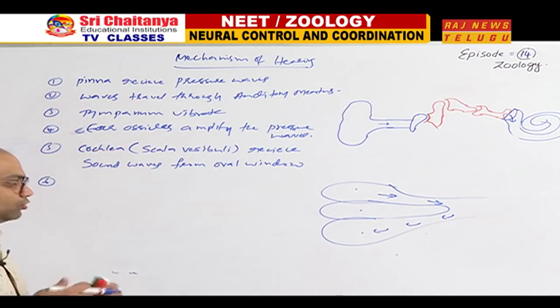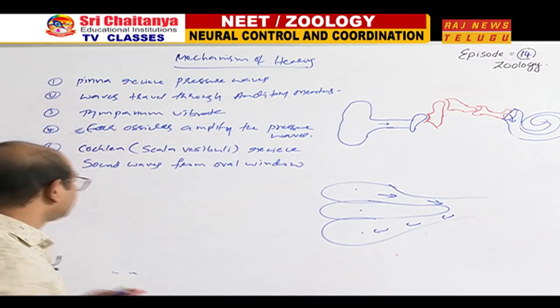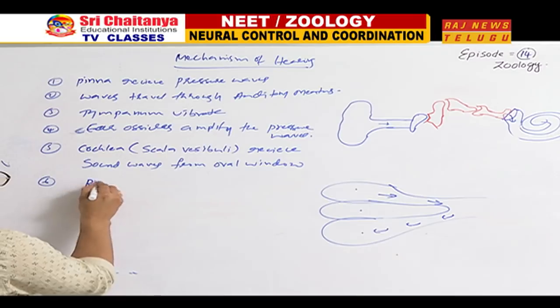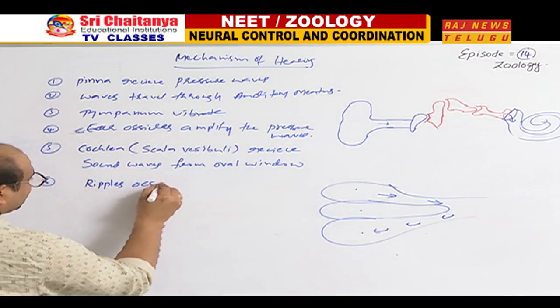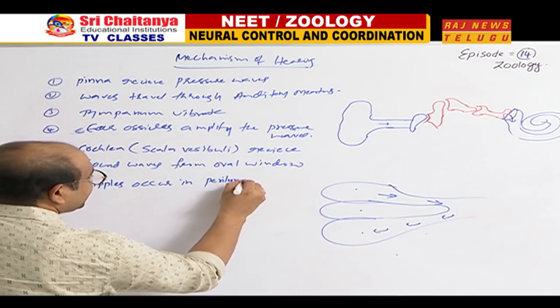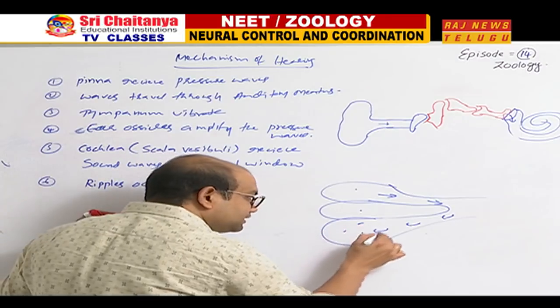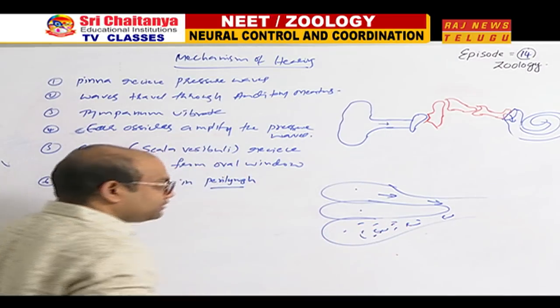Those waves can cause ripples, some circular movements. So ripples occur in fluid like perilymph.